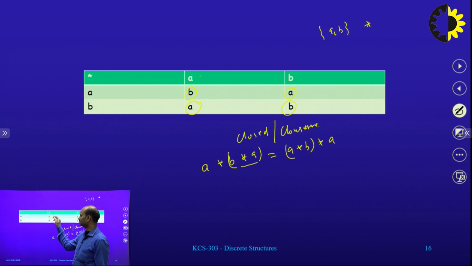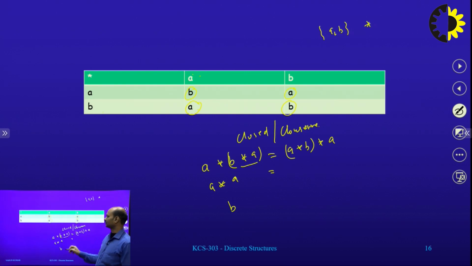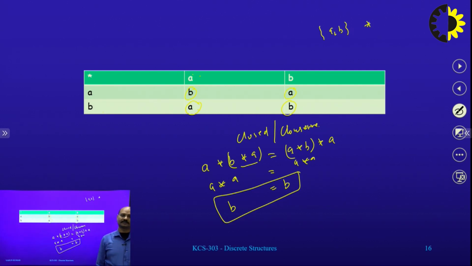The result is A. So A binary operation A is B. And here, A binary operation B becomes A, and A binary operation A is B. So left hand side is equal to right hand side for all elements of this set, or it follows the associative property. So we can say that the associative property is also satisfied.